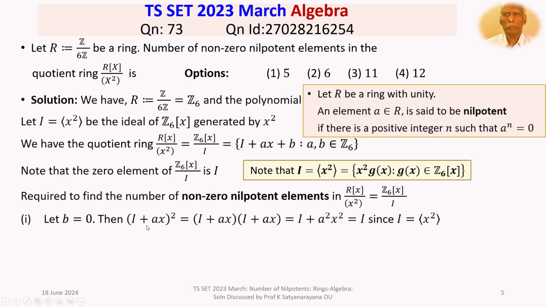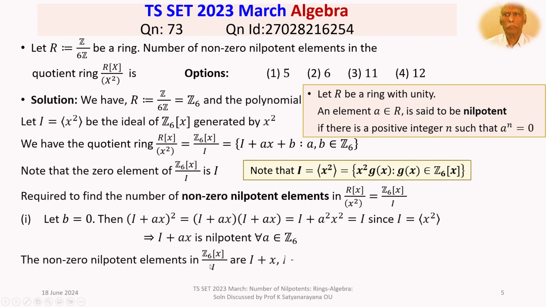So I + ax is a nilpotent element. So I + ax is nilpotent for all a belonging to Z6. If you take a equal to 0, it will be I, which is the 0 element of that quotient ring. What we want is non-zero nilpotent elements. Therefore, the non-zero nilpotent elements in that quotient ring are I + ax, where a is not equal to 0. So I + x, I + 2x, I + 3x, I + 4x and I + 5x.